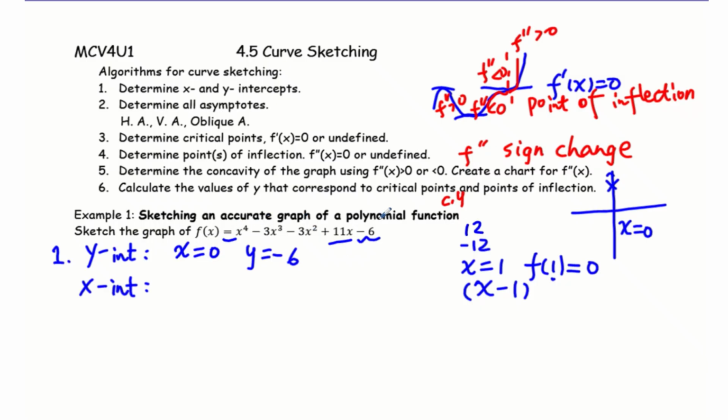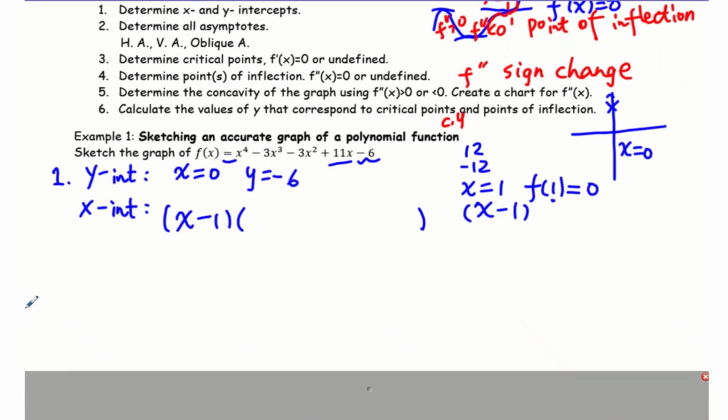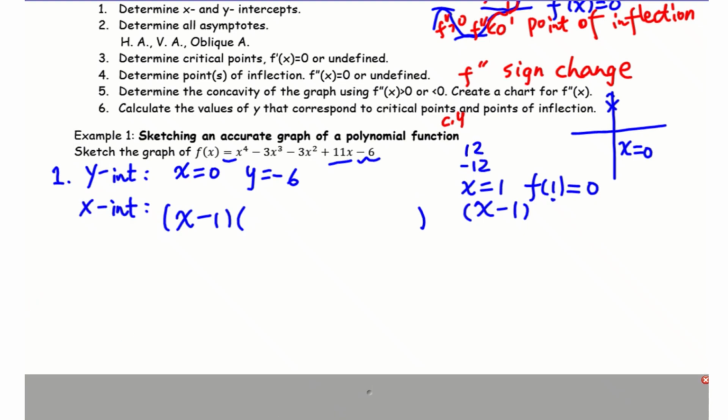So this equation will have x minus 1 as a factor. Then after that, you could use long division or synthetic division to find the other factor, and I will show you another method that is just comparing the coefficients.